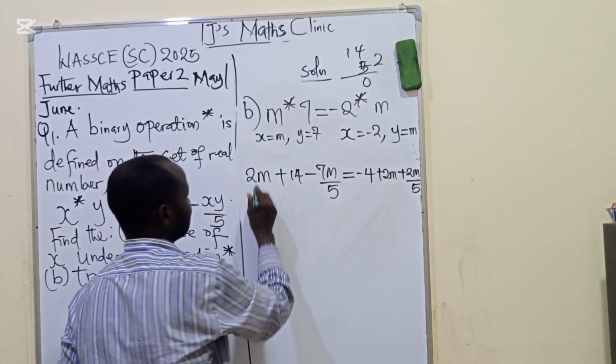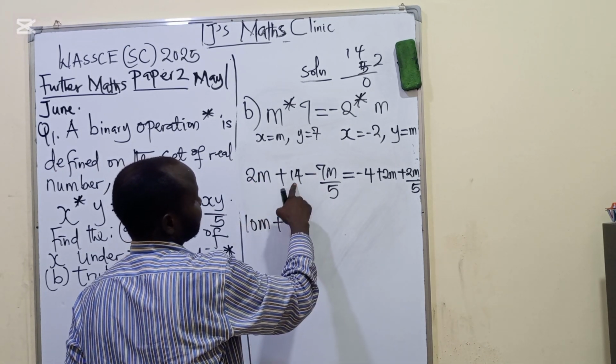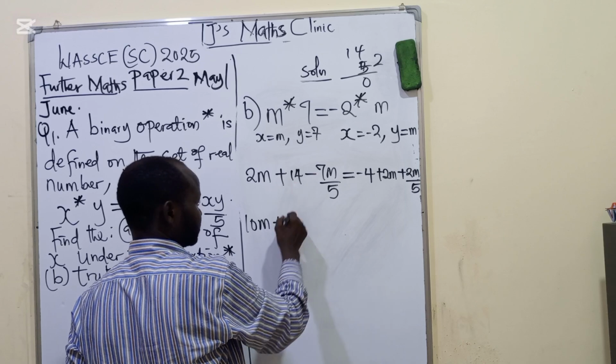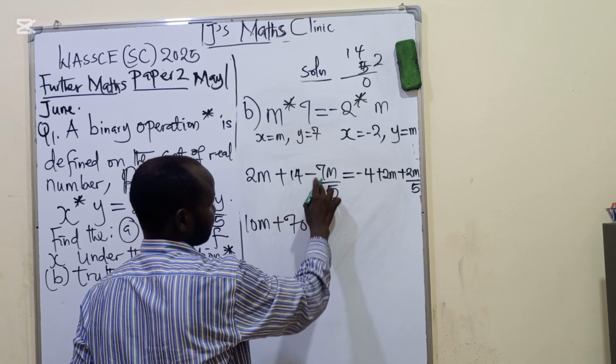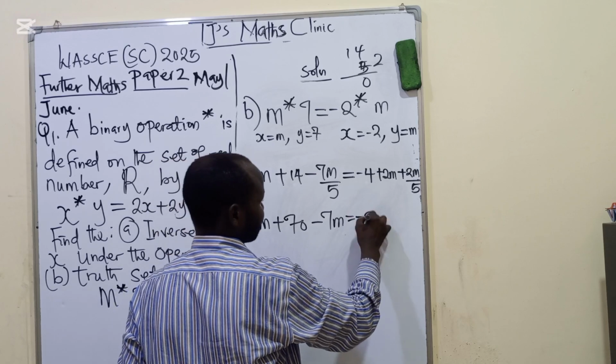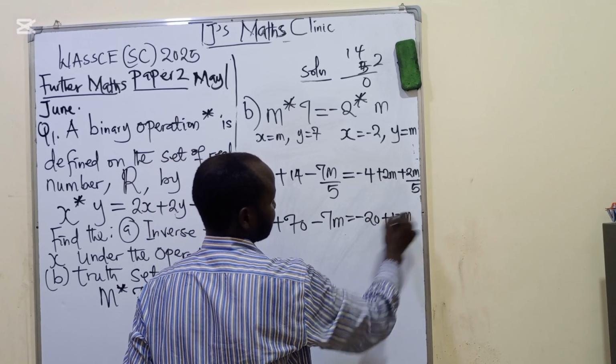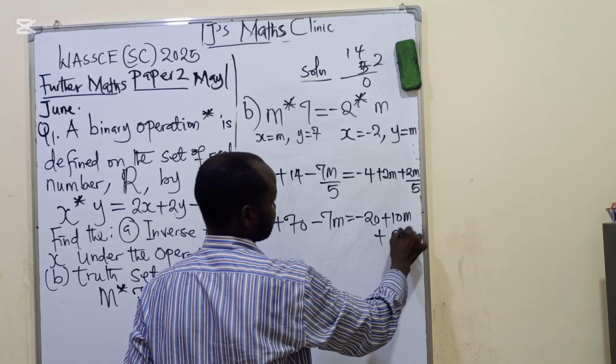Let's clear the fraction now. 5 times 2M is 10M, plus 5 times 14, that is 70, minus 5 times 7M, will be equals to 5 times minus 4, that is minus 20, plus 5 times 2M, that will be 10M, plus 5 times that will be 2M.